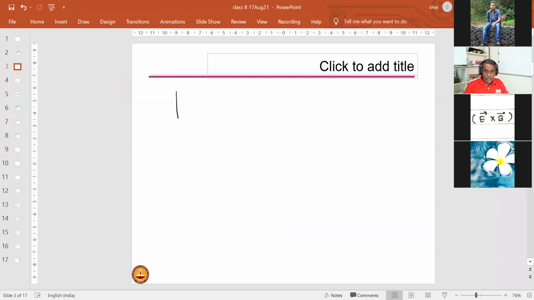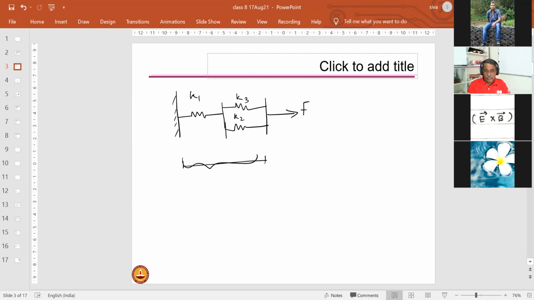I'm going to have something like this, and I'll let you tell me how to do this. So I have one like this, one like this, one like this, and now I'm applying a force. Let's say this is K1, K2, and K3. And I need to find out the effective K. How will I find out the effective K?